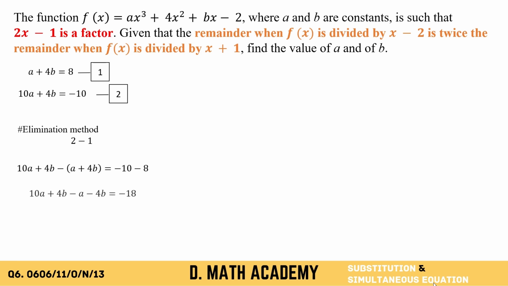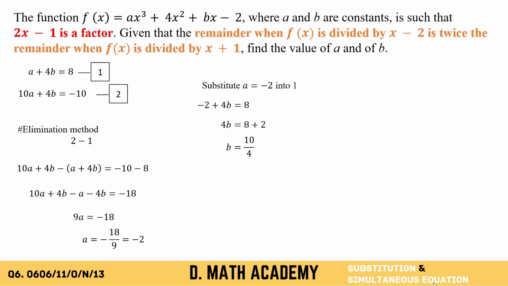By running the calculation, you will get 9a equals negative 18, a equals negative 2. Substitute a equals negative 2 into equation 1, then you will get negative 2 plus 4b equals 8. b is actually 5 over 2. So that's how you identify your a and b values.